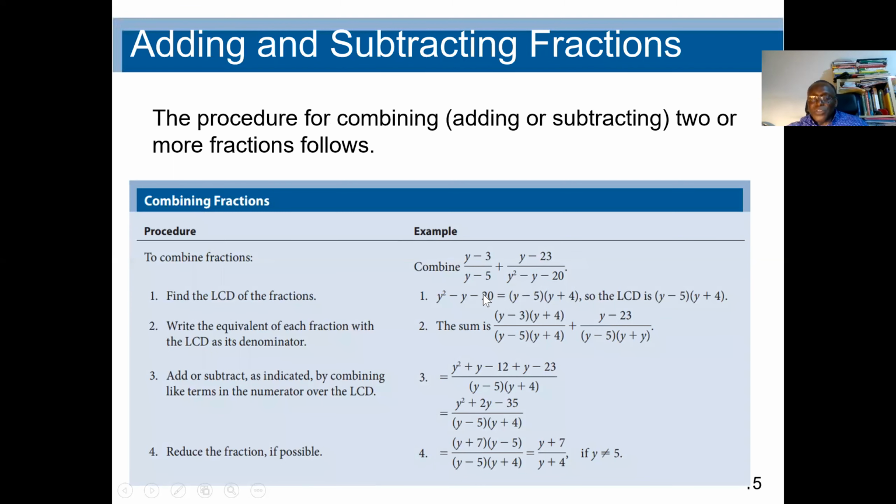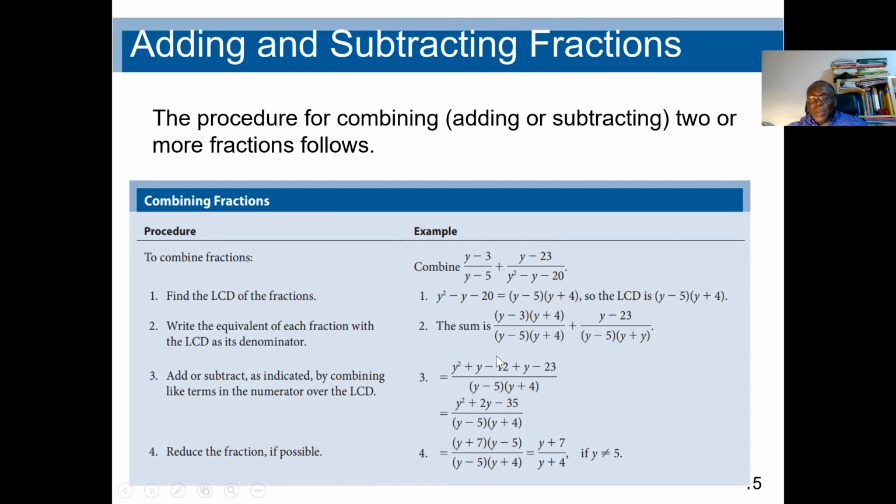I can use 4 and 5 because I know the difference of 4 and 5 will give me 1. So they use 5 with a minus sign, the reason being that minus 5 plus 4 will give me minus 1. Minus 5 times 4 is minus 20, so that's perfect.